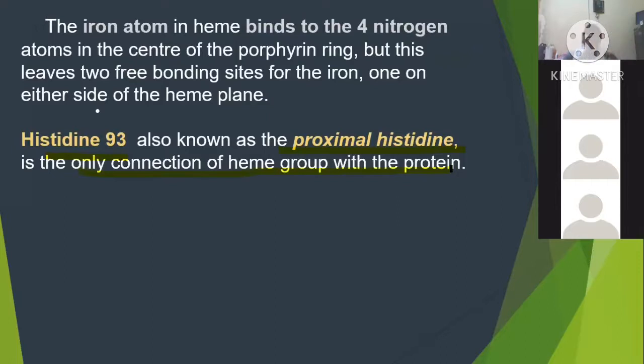So the coordinate bond of the iron atom with the globin is via this histidine 93. The histidine present at the 93rd position of the polypeptide chain is called the proximal histidine. So the iron atom binds to the globin chain via this histidine.